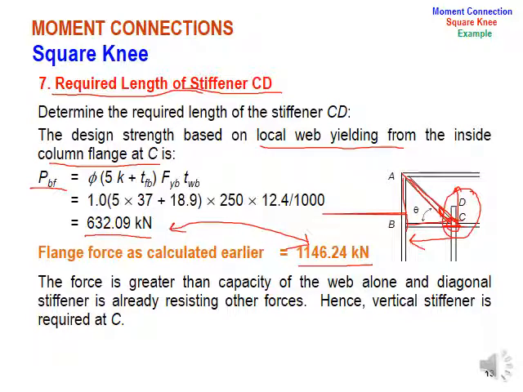One can be resisted by the equal and opposite flange force of the beam, but for this particular component there is no resistive component. So we have to provide another stiffener along this vertical component, so that it can be resisted, the component produced by the force inside the diagonal stiffener.